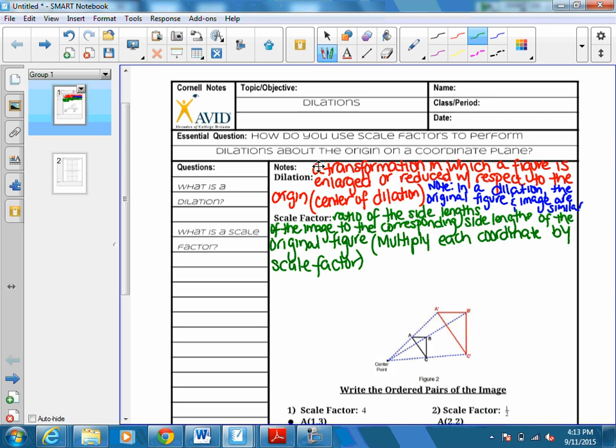One important thing to note is if the scale factor is greater than 1, the dilation is an enlargement.